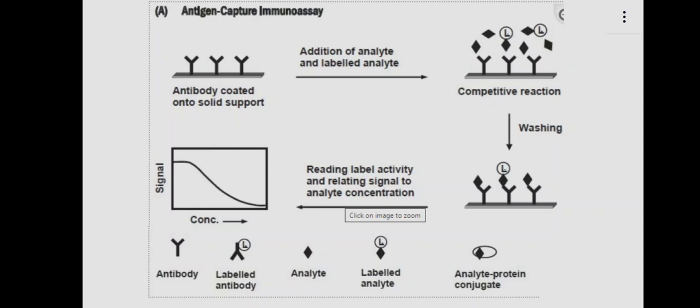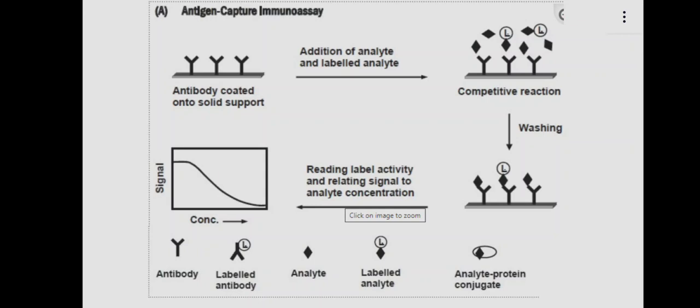The second step is the addition of analyte and labeled analyte. So the diamond shapes are the analyte, and the one with an attached L is the labeled analyte.